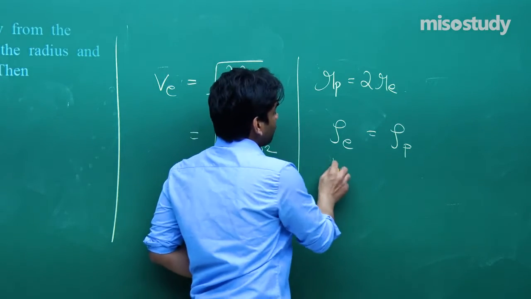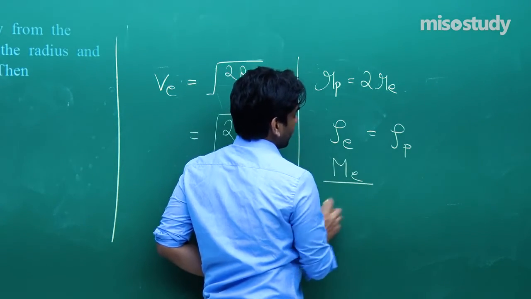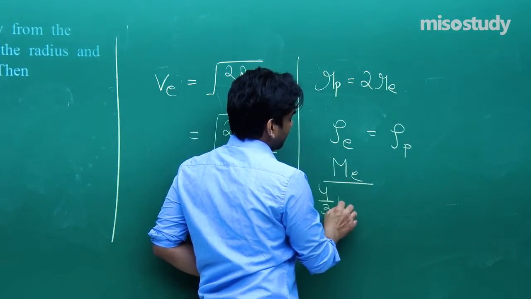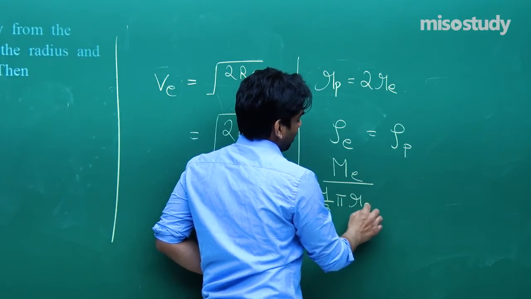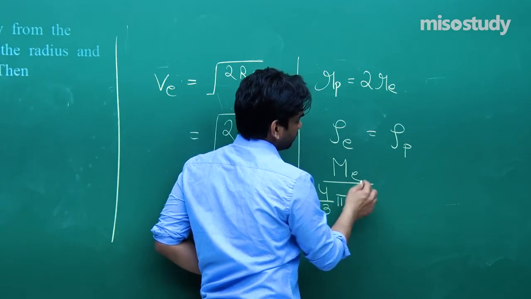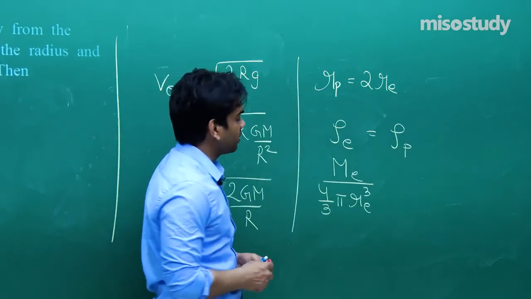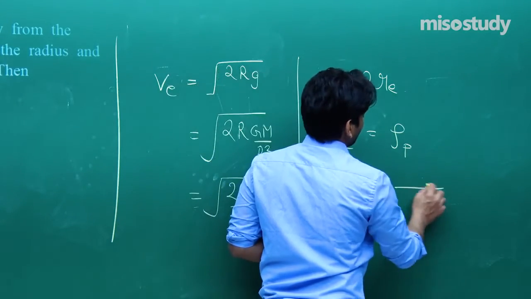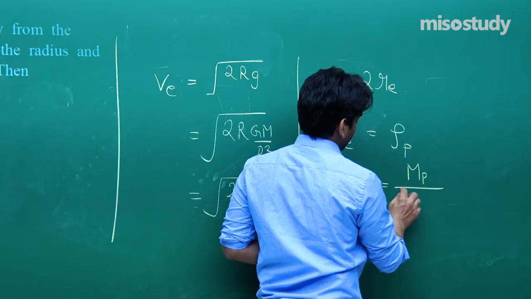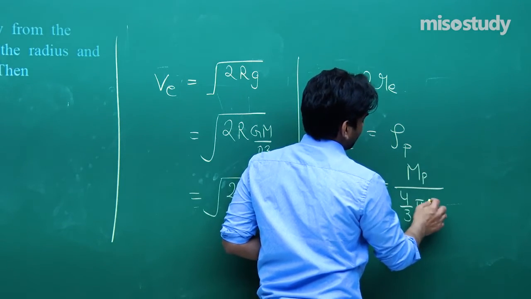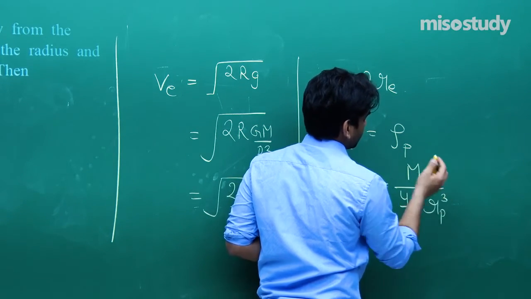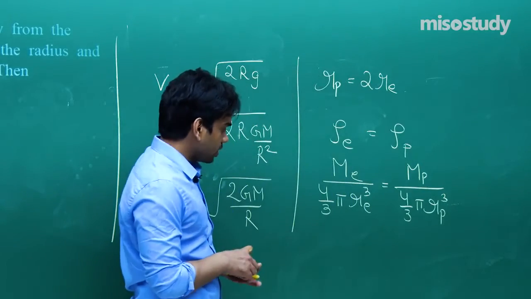So we can write mass of Earth divided by its volume, 4 by 3 pi Re whole cube, is equal to mass of planet divided by 4 by 3 pi Rp whole cube. We can write it in this way, not a problem.